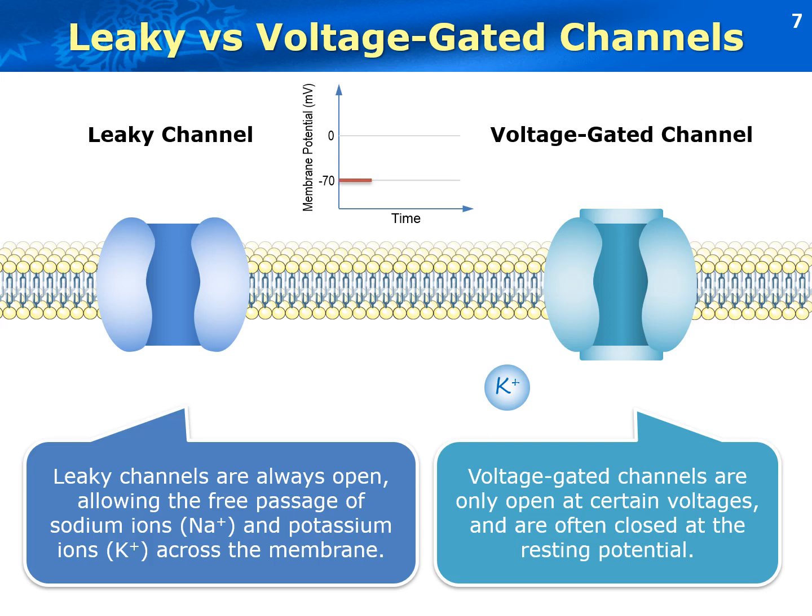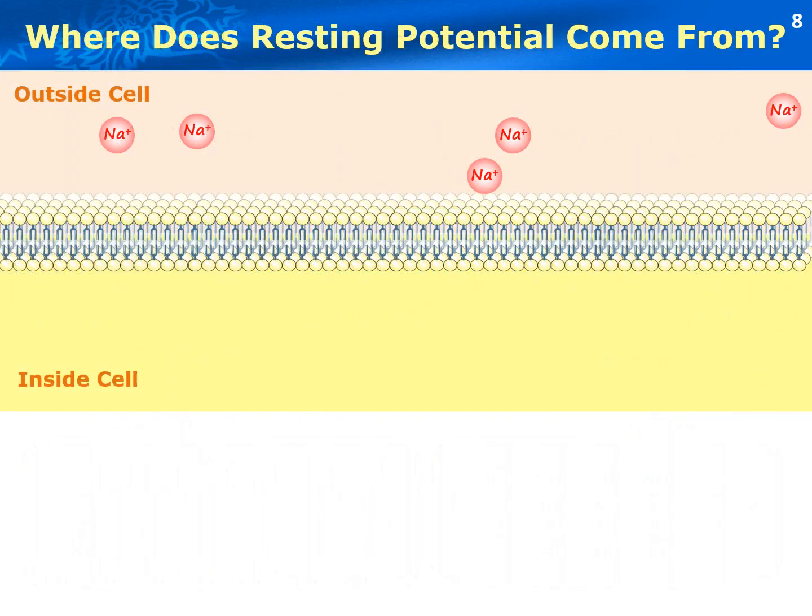When the membrane potential increases to a certain level, the channel is open, allowing potassium ions to flow across the cell membrane. When the membrane potential decreases to the resting potential, the channel is closed again. Based on leaky channels, we are now ready to explain why the resting potential is negative.